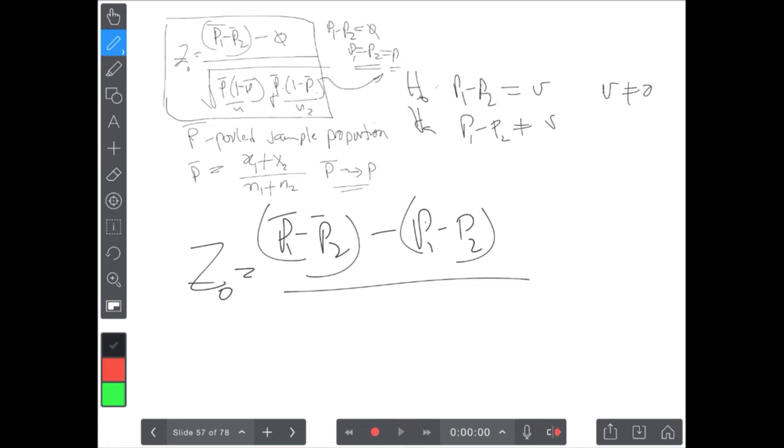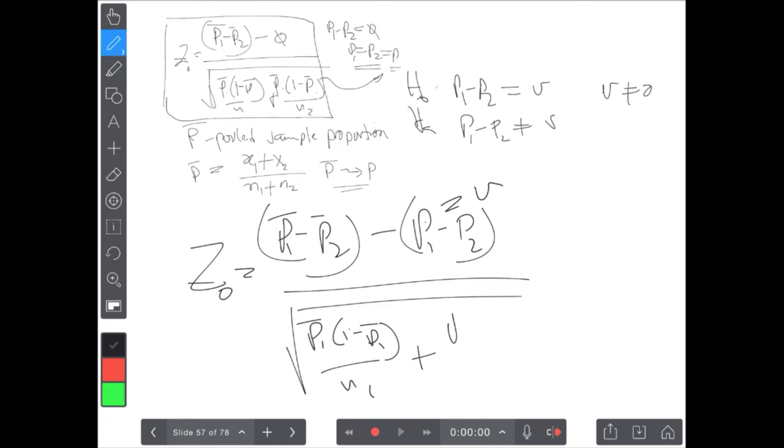So that p1 minus p2 will be equal to that value that we talked about earlier. And we will use the sample estimate since we don't know what p1 and p2 are, just that we're estimating that there's a difference between them, which is not 0. In which case we have p bar 1, 1 minus p bar 1 over n1 plus p bar 2, 1 minus p bar 2 over n2. And so that's the variation.